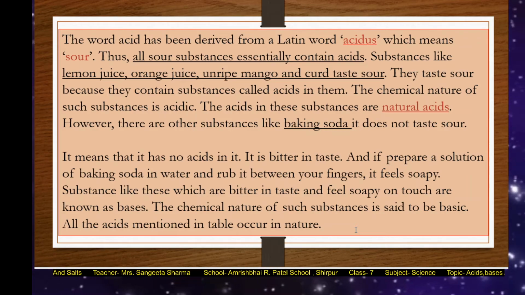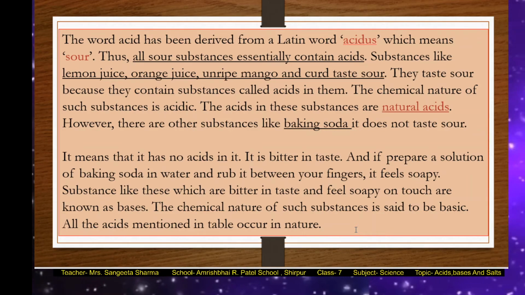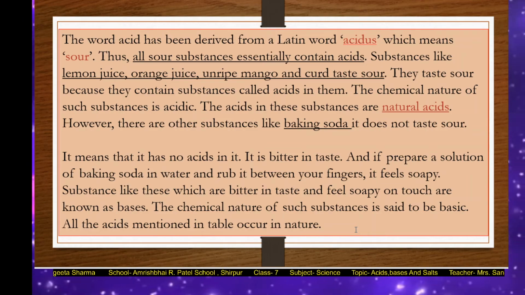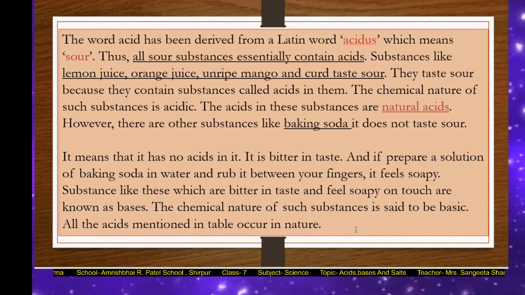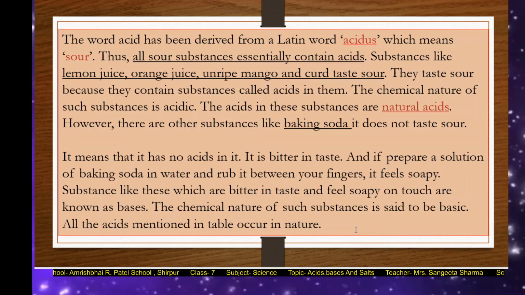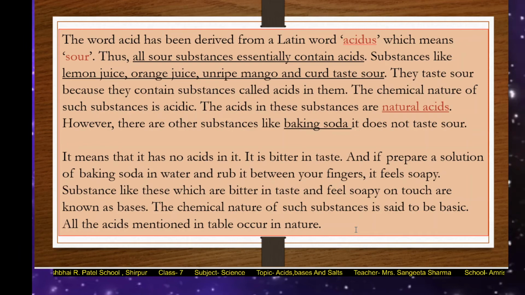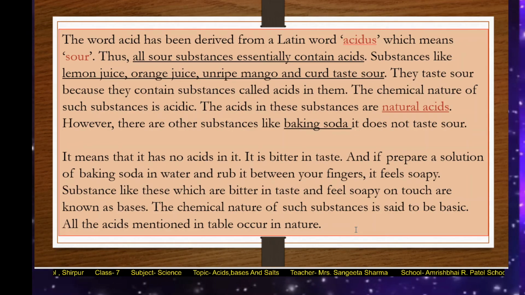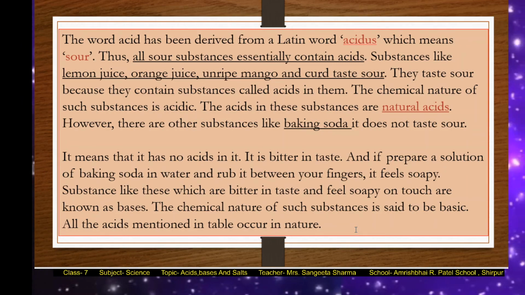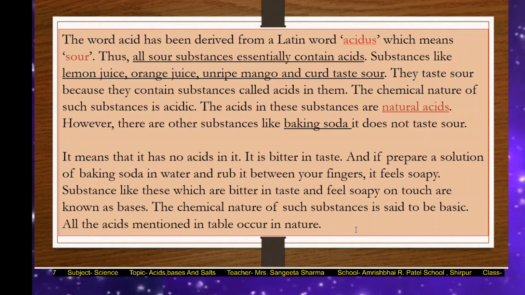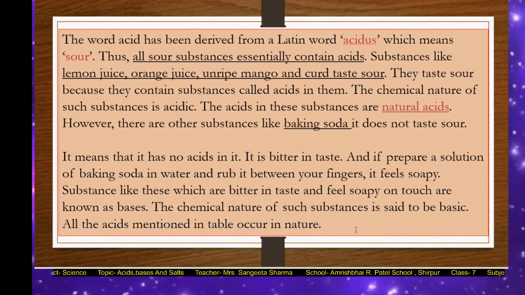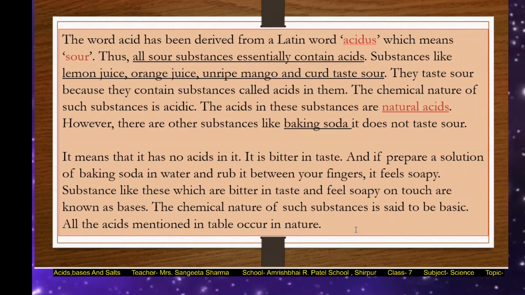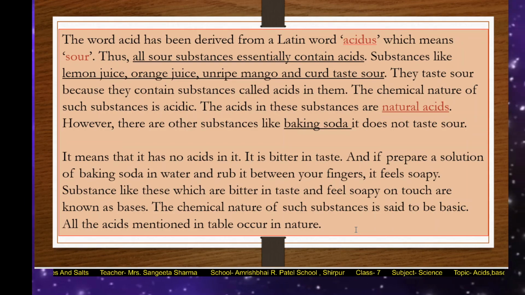So the substances like baking soda, which are bitter in taste and feel soapy on touch, are called bases. Two conditions must be fulfilled by the substance. First, the substance is bitter in taste, and second, it should give you a soapy feeling when you touch it. So the chemical nature of the substance is said to be basic. We will study about these bases in the next video.